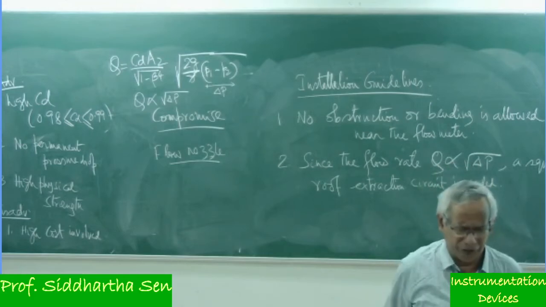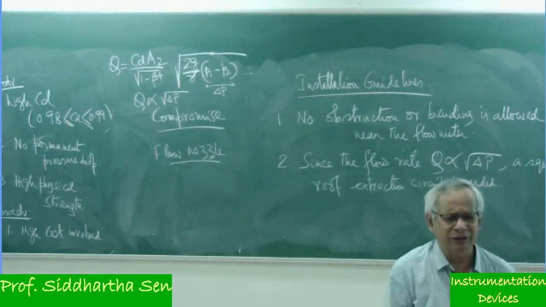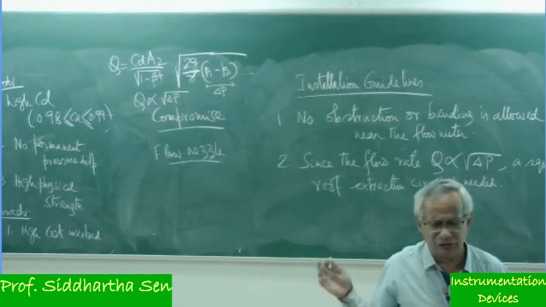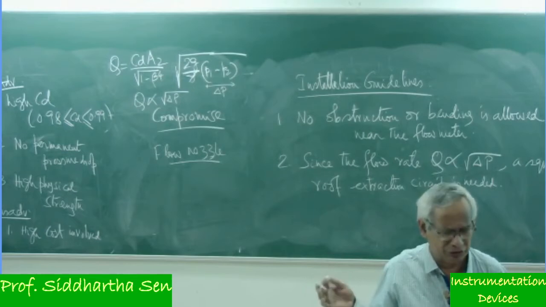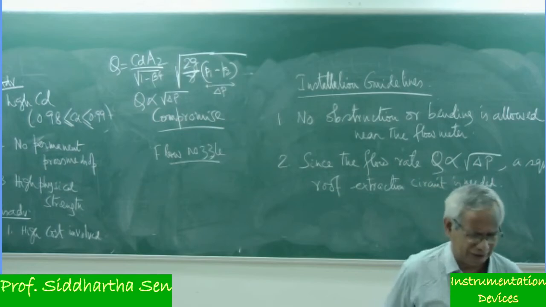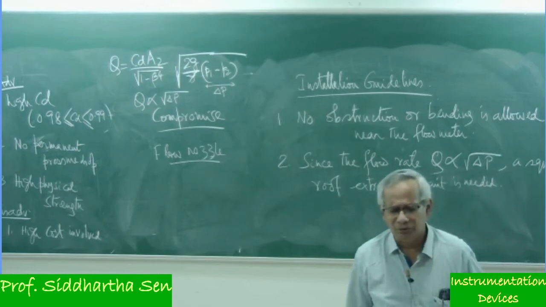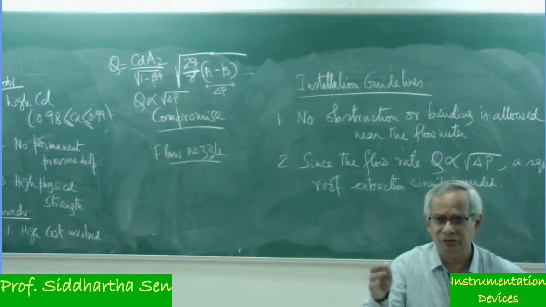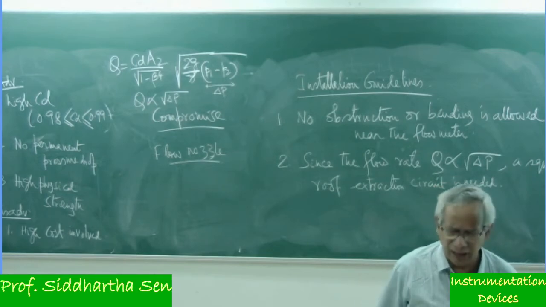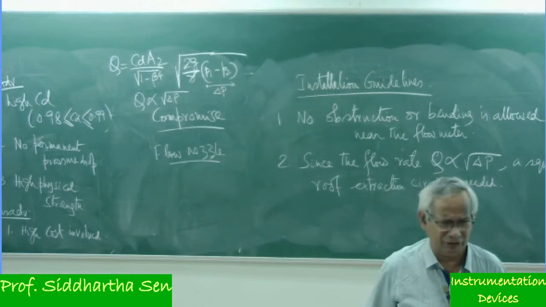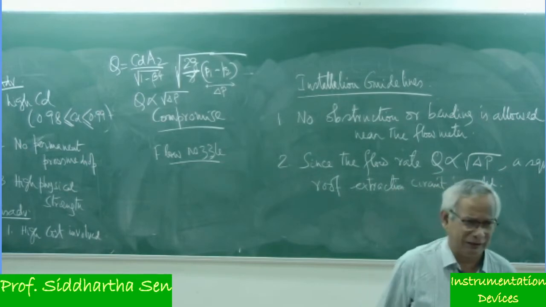So what we need for measurement of flow rate using an obstruction type flow meter, which is the most popular one because of its ruggedness, cost, and so on, is installation of an orifice or venturi tube. We require a device to measure the pressure difference, a differential pressure sensor, which will give you some electrical output.